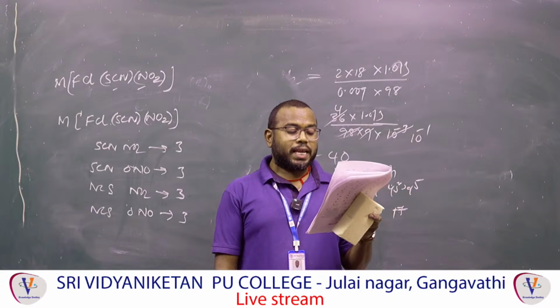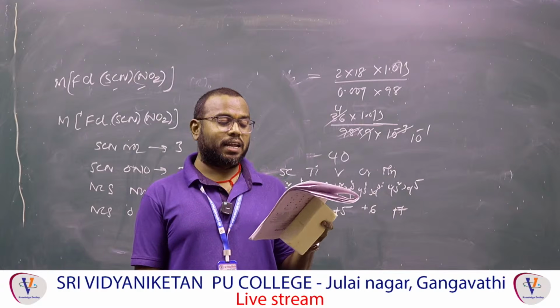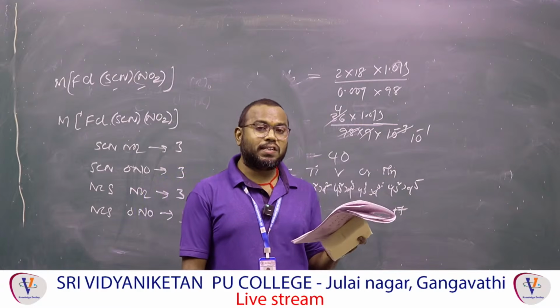75th question, let us see. Ethane 1,2 diamine is a chelating ligand. Not cheating, chelating ligand. So A is a correct statement.